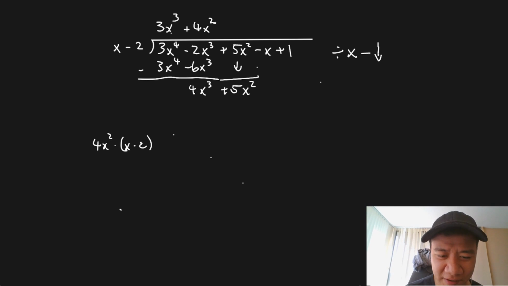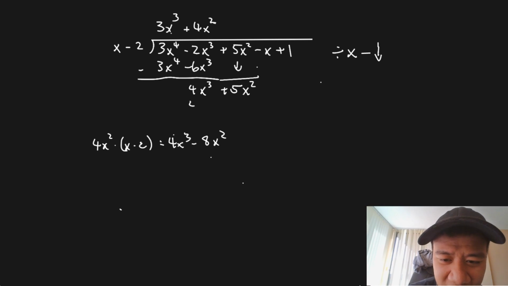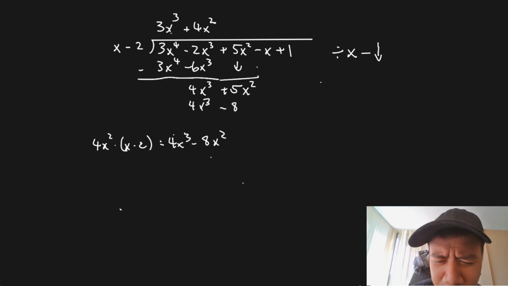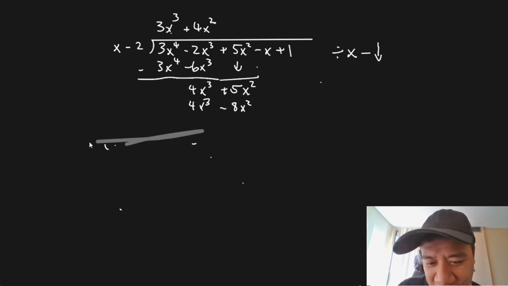From the distributive property, 4x squared times x is 4x cubed, and then 4x squared times negative 2 is negative 8x squared. Then we take this result and put it underneath. It's a pretty long process.